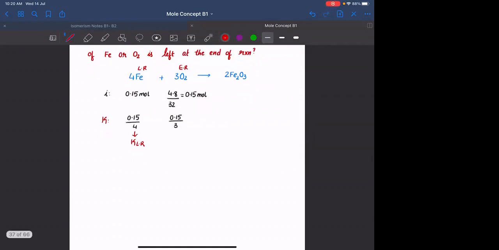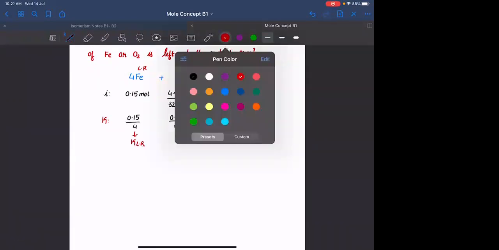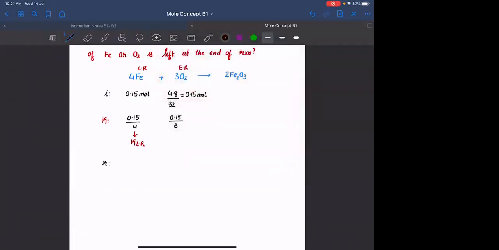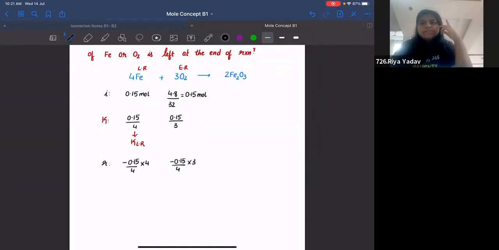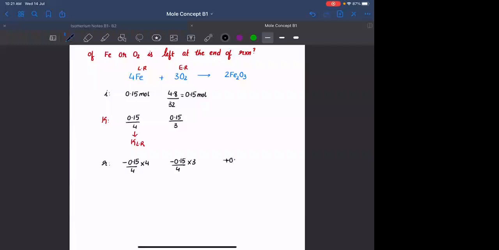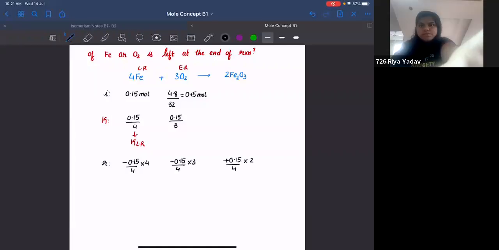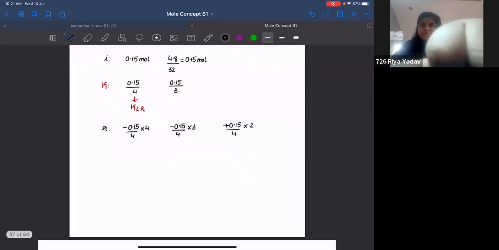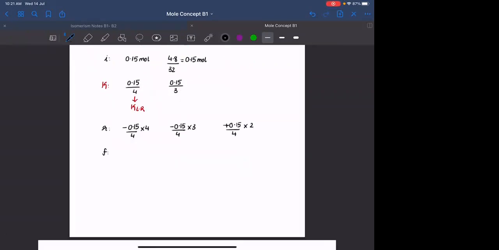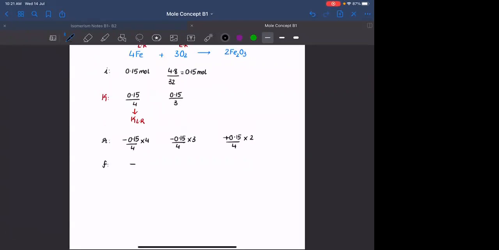So O2 will be left. Reacted will be minus 0.15 upon 4 into 4, minus 0.15 upon 4 into 3, plus 0.15 upon 4 into 2. फाइनल अमाउंट्स कितना रहेंगे? ये तो 0 हो जाएगा.